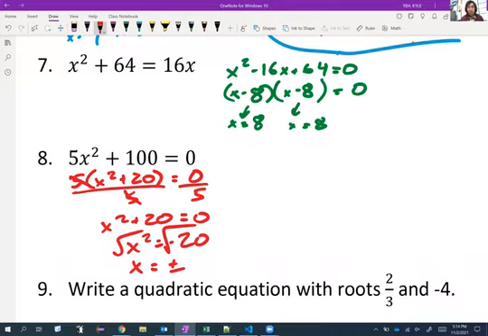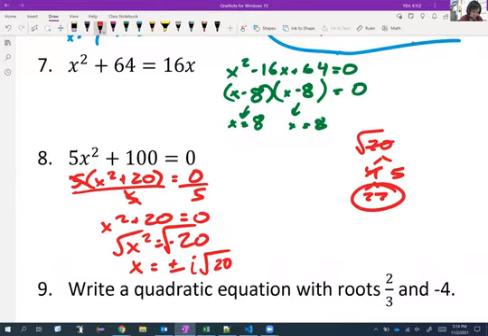And now I just need to figure out what is the square root of negative 20. Well, I know that I can pull an i out because of that negative. Remember, if we have a square root of a negative, pull the i out. So I pulled the i out and I'm going to say, can I break down 20? That's 4 and 5, 2 and 2.